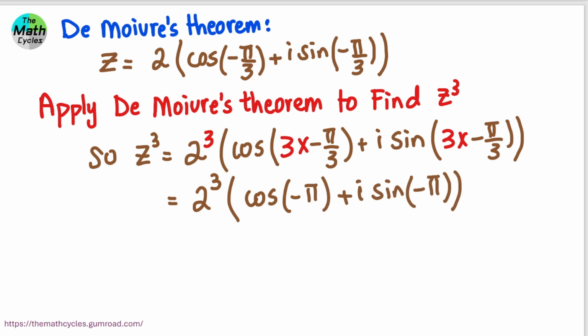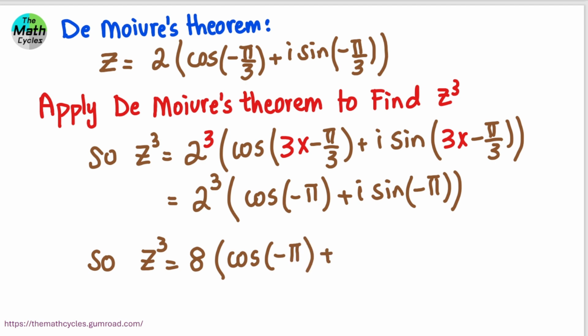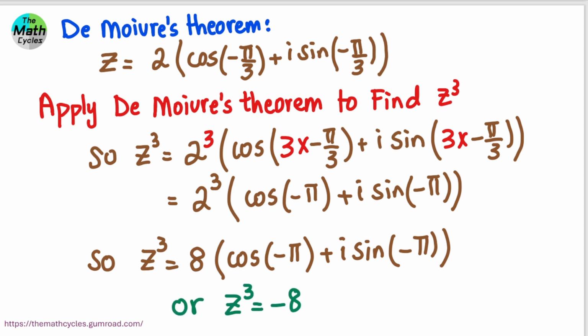Here we simplified. So z cubed equals 8 into cosine minus pi plus i sine minus pi. This is the polar form. Or z cubed equals minus 8, and this is the algebraic form.